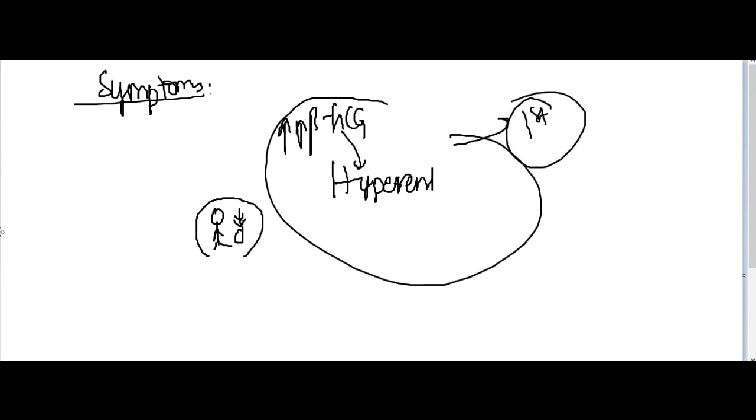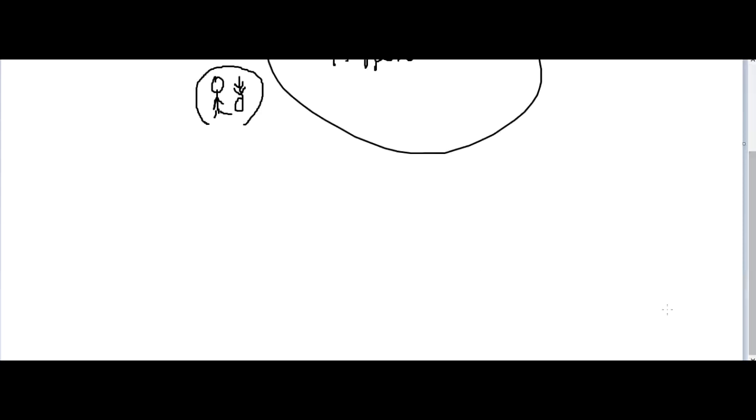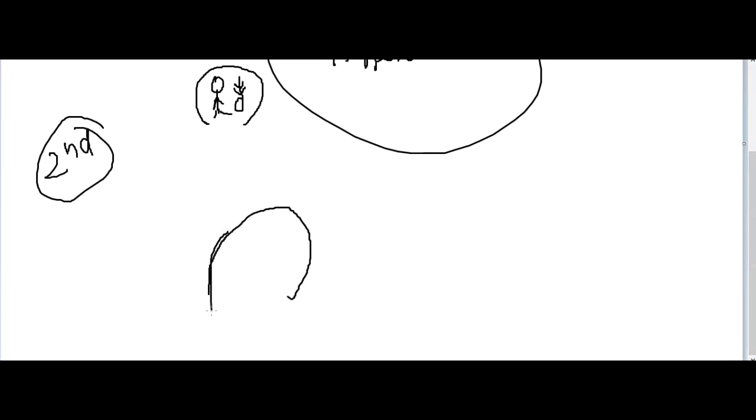Okay. Next, in the second trimester, mostly the uterus has now come to the abdomen, right? As the uterus has come to the abdomen, the babies are growing, and because the babies are growing, the uterus size becomes more.